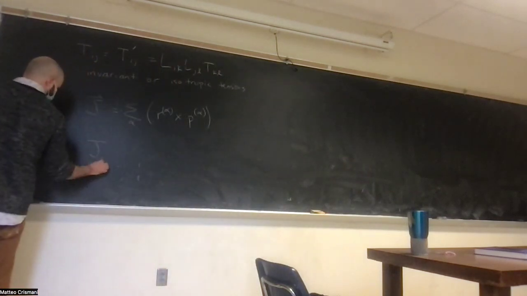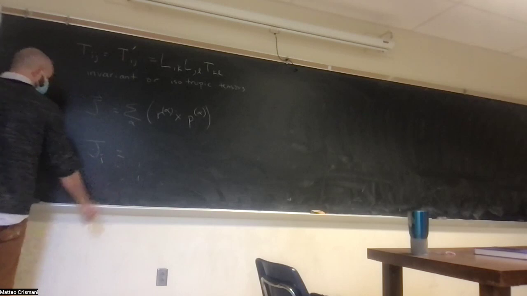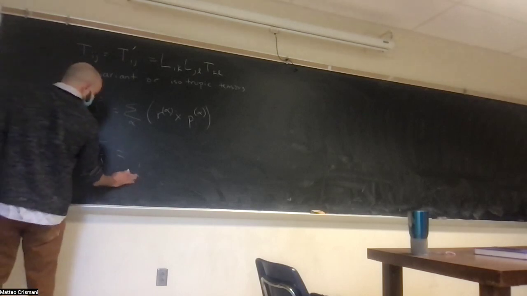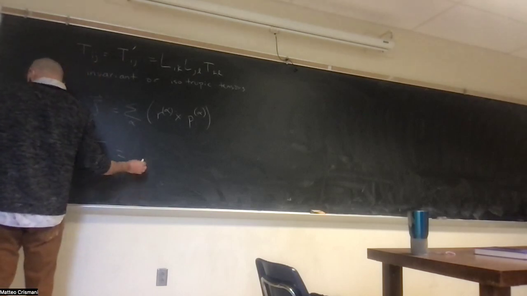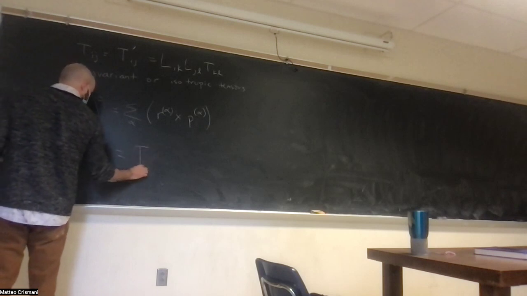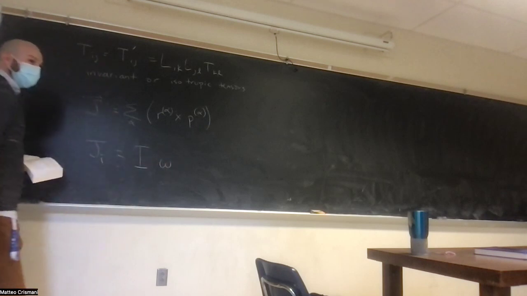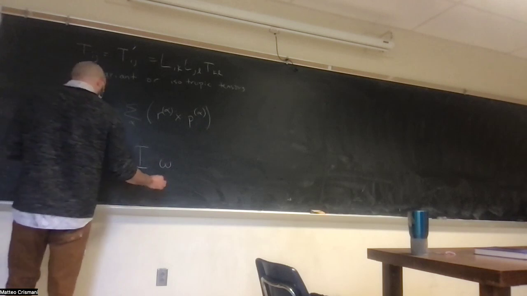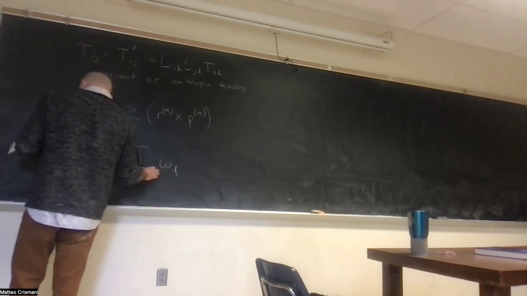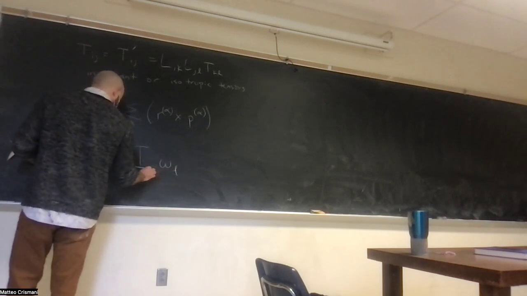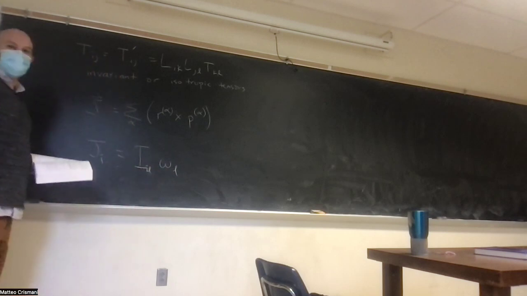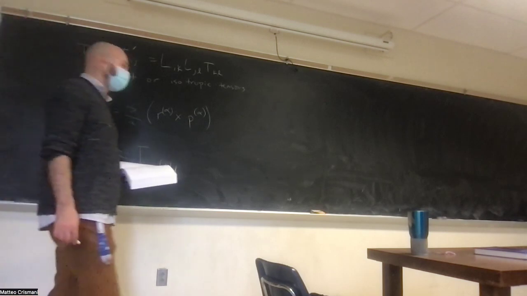You could say J, let's write it in tensor notation again. You could write it like this. You may have seen this one before. I omega. Well, let's put the indices in here to demonstrate how powerful this is. This is really I, L. And it's a second order tensor.